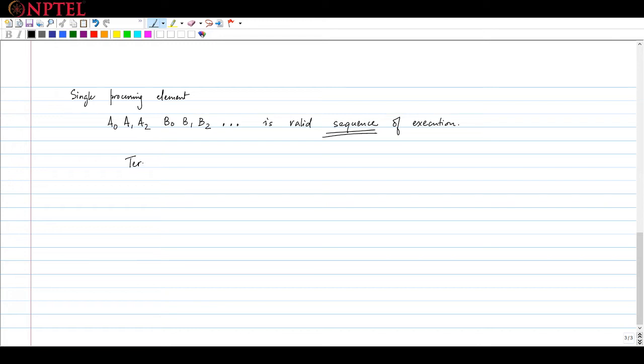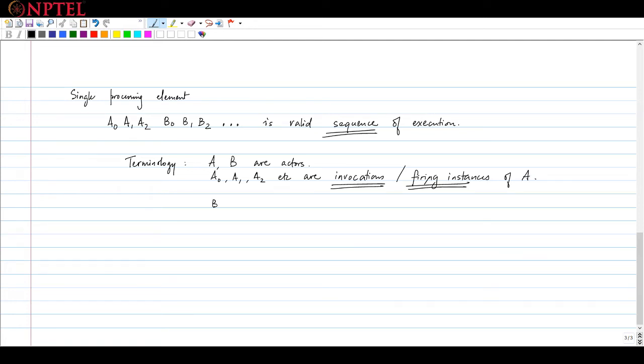The terminology used is that A and B are actors, and A0, A1, A2, etc. are invocations or firing instances of A, and similarly B0, B1, B2, etc. are invocations of B. So A0, B0, A1, B1 is an example of a so-called firing sequence.